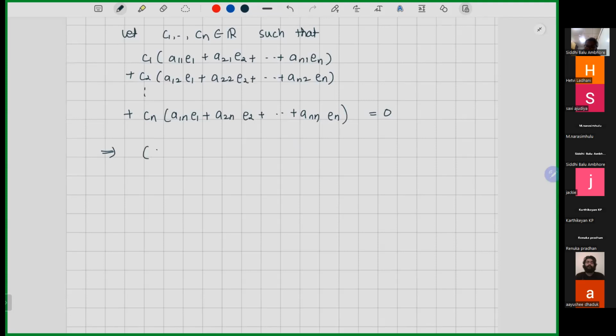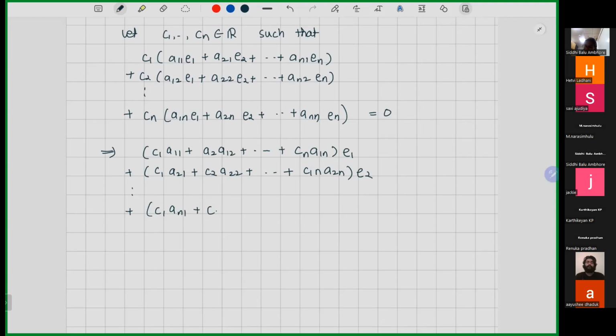I get (c1 A11 plus c2 A12 plus up to cn A1n) e1, plus (c1 A21 plus c2 A22 plus up to cn A2n) e2, and so on, up to (c1 An1 plus c2 An2 plus up to cn Ann) en equals 0.